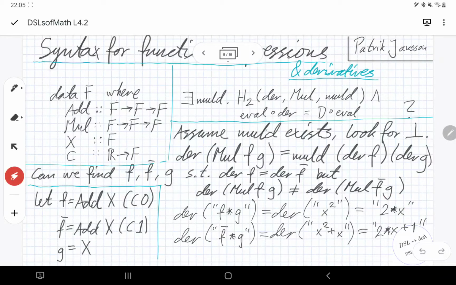But f bar, which is x plus 1, if I multiply that by g, which is x, we get x squared plus x, whose derivative is 2x plus 1. So this clearly seems difficult to satisfy at the same time. These two expressions are not the same. But this is a little bit of hand waving.